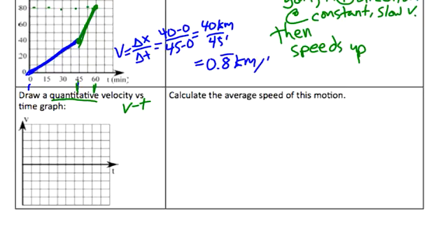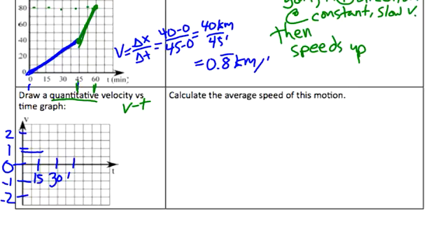Let's graph that. You should have 0 in the 0 line. Below the 0 is the negatives. Above the 0 is the positives. And I want to come in right below 1 to plot this. This is positive 0.8, so it's going to be right there. But how long do I hold that? Well, I need to graph time now. So this will be 15 minutes. This is 30 minutes.